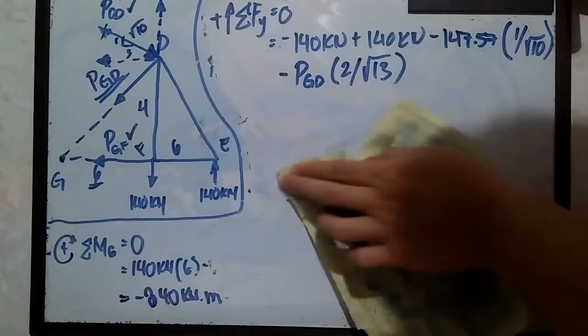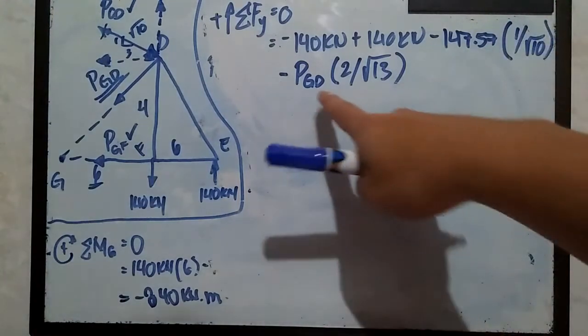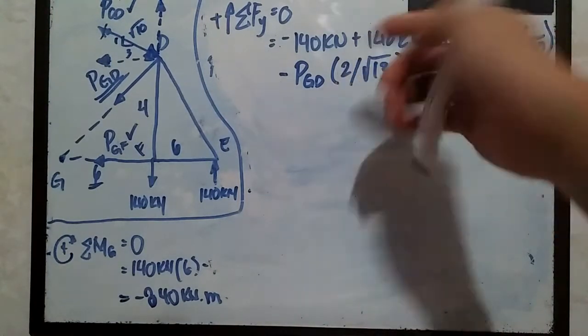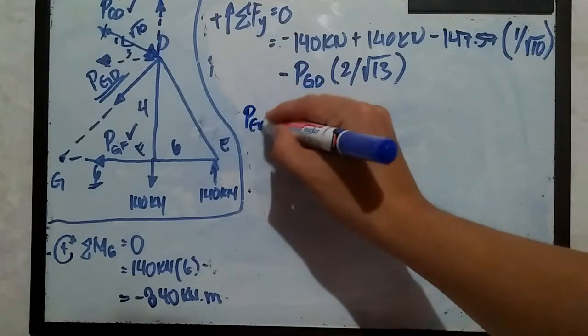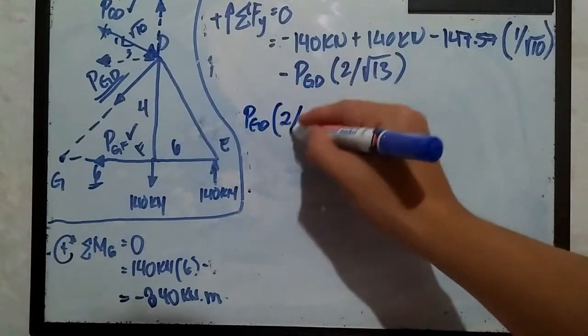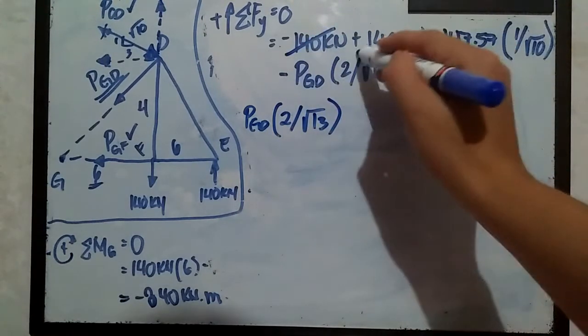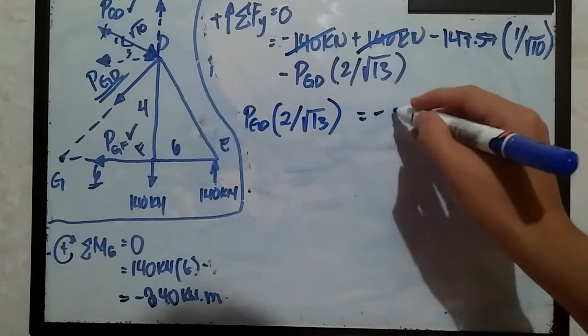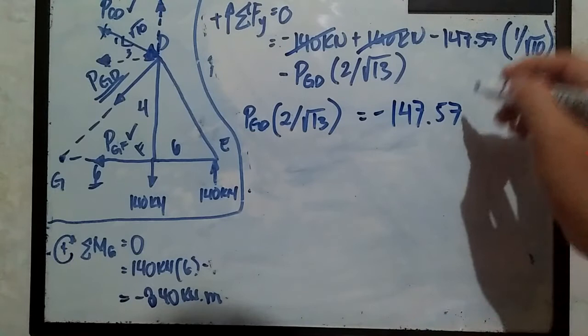So upon clearing that out, we just need to solve for P sub GD by transposing it to the other side. So P sub GD times 2 over square root of 13 is equal to negative 147.57 kilonewtons times 1 over square root of 10.